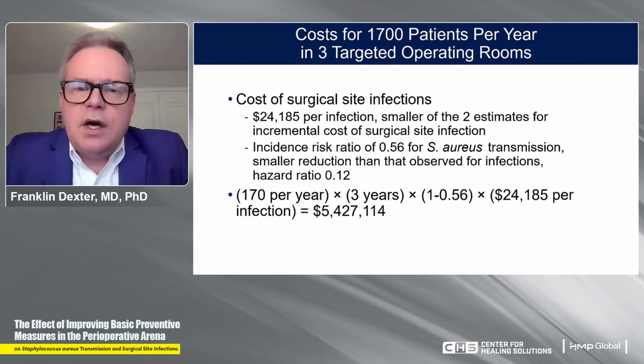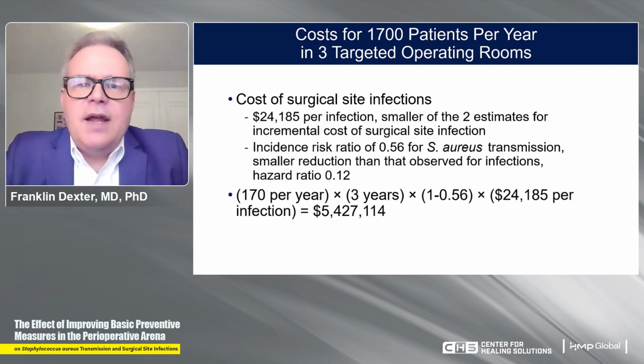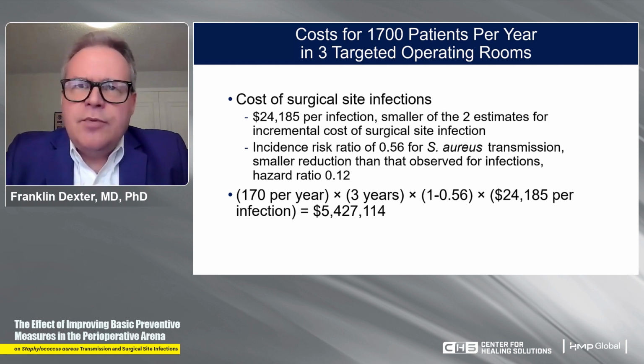So we could use a reduction of infections to 12% of baseline, since I showed you that the hazard ratio for the reduction of surgical site infections was 12%. But we want to be conservative here. We want to underestimate the benefit. So instead, we're going to use the lesser reduction to 56% of baseline of transmission.